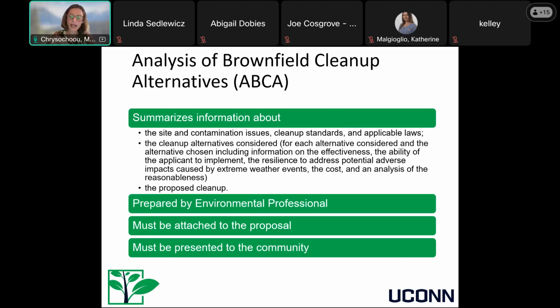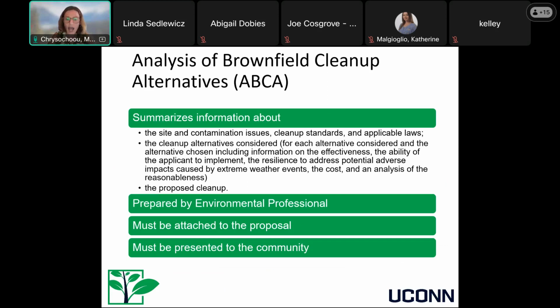A remedial action plan contains a lot more detail on how that plan will be implemented. What are the specific technologies? How are you going to characterize the soil that you're going to remove? So it goes into the nitty-gritty. A RAP is not an ABCA, and an ABCA is not a RAP.